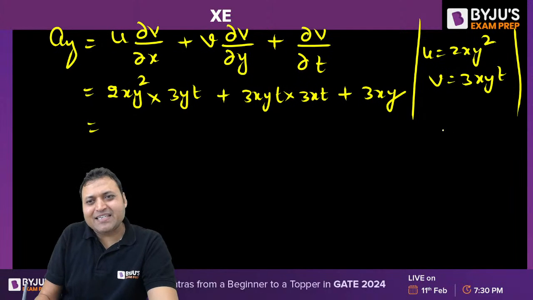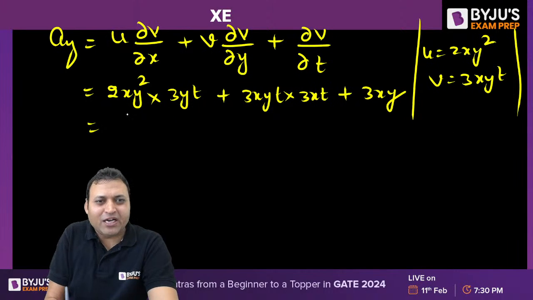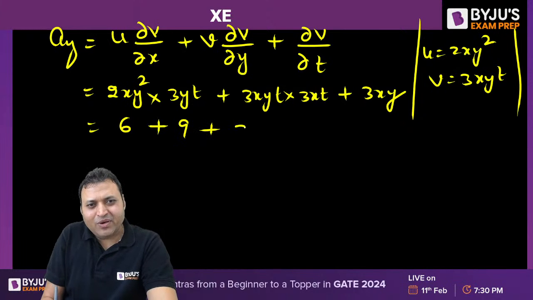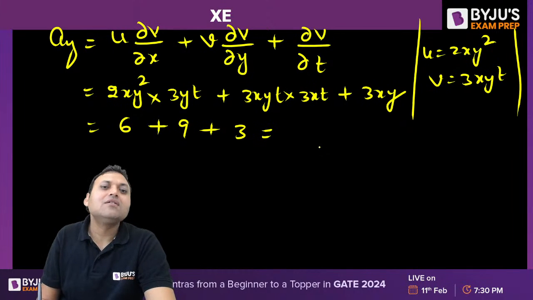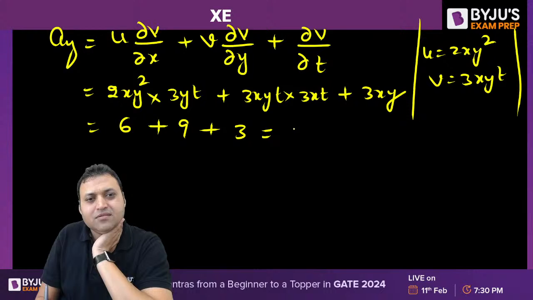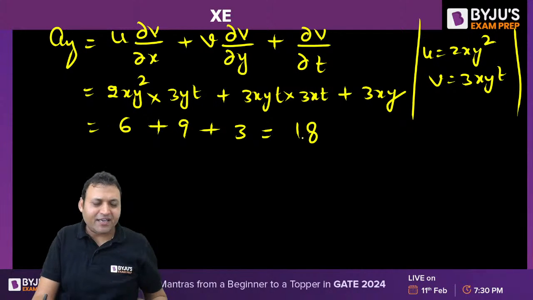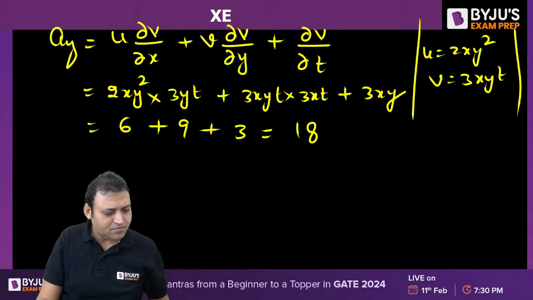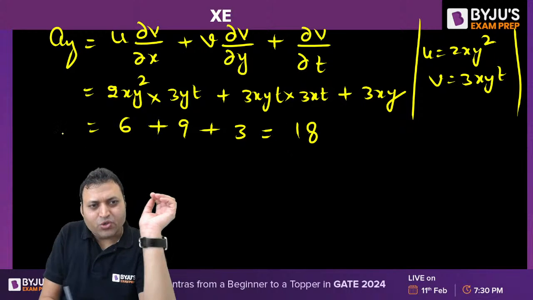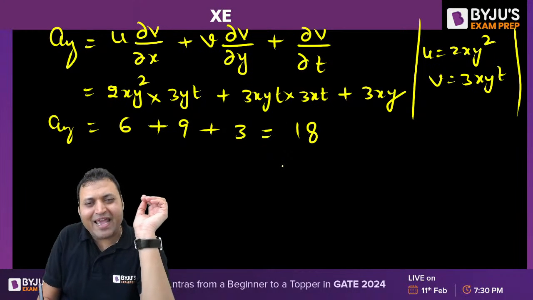So at x equal to 1, y equal to 1, t equal to 1, it will become 6, plus 9, plus 3. How much is that? 18, isn't it 18? So ay will be equal to 18, and ax is equal to 16.